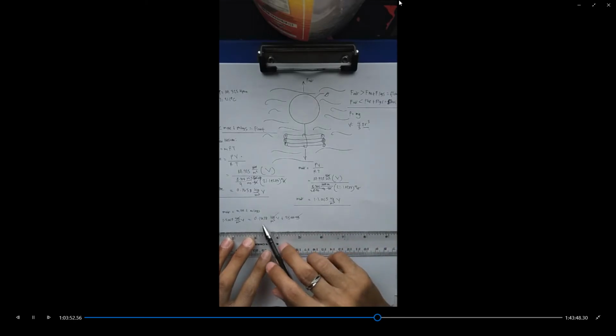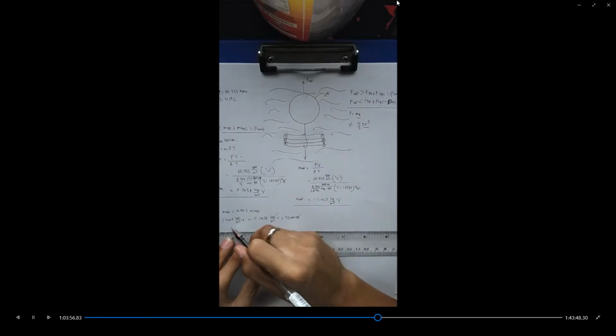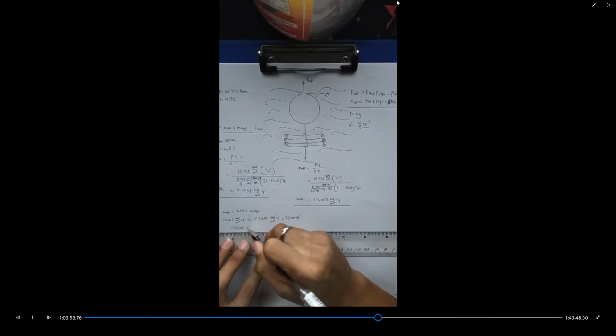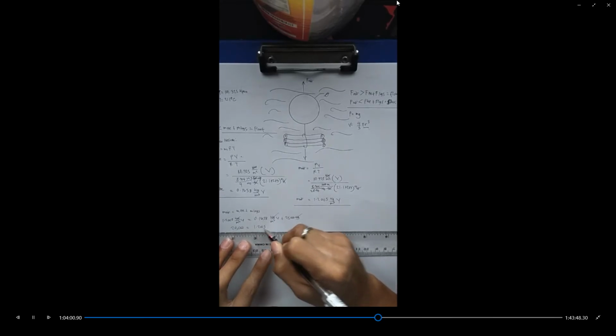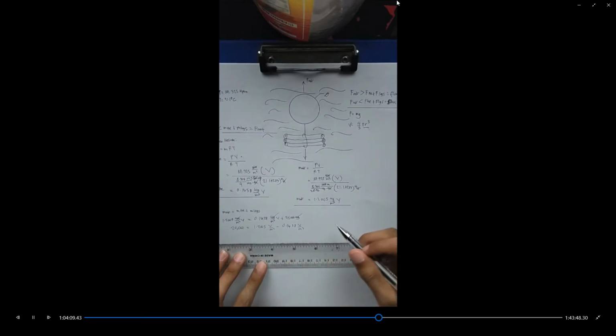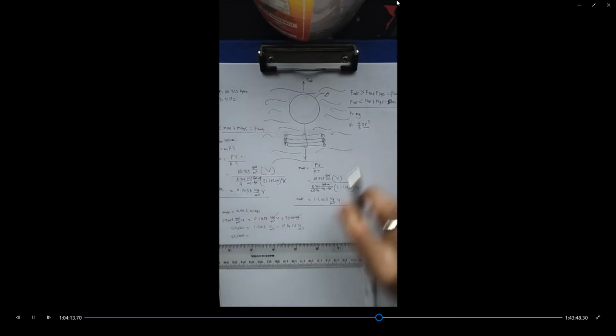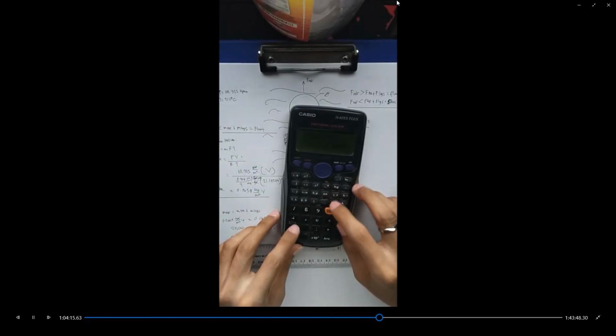So 0.1658 will be transposed to the other side. So 20,000 is equivalent to 1.2005 volume per meter cube minus 0.1658 volume per meter cube. By simplifying this, we can solve for our volume.